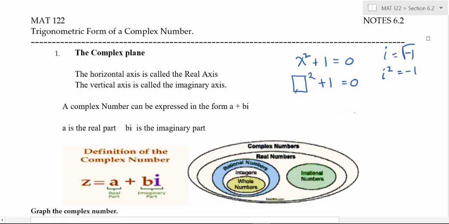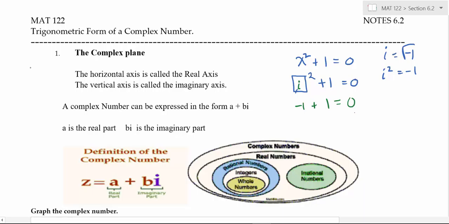If you replaced x with i, then i squared is really negative 1, and negative 1 plus 1 is equal to 0. That was possibly a motivation behind that, and as we developed the complex numbers and looked at their properties, we began to see that they showed up in lots of different places.